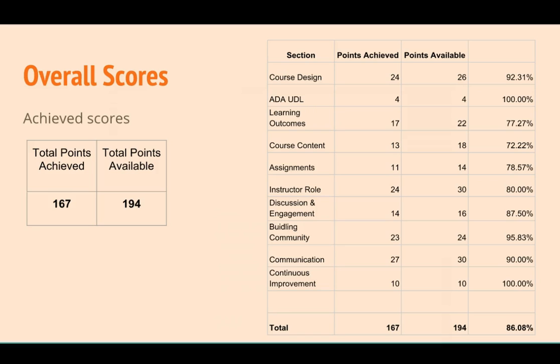These points are determined by dividing the total number of points achieved by the total number of points available. Overall, the total percentage of achieved to available is roughly 86.1%, suggesting this course follows a substantial number of appropriate design methods in order to comply with a peer-reviewed rubric of important items needed to be successful with online learning.